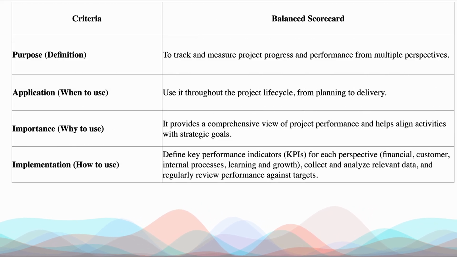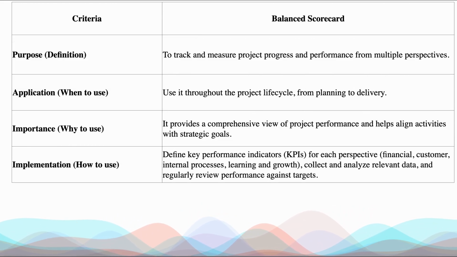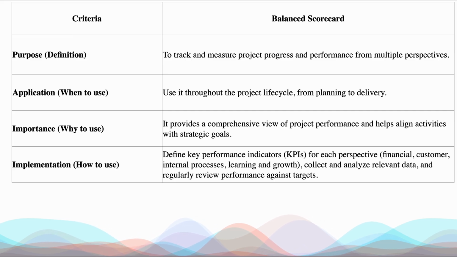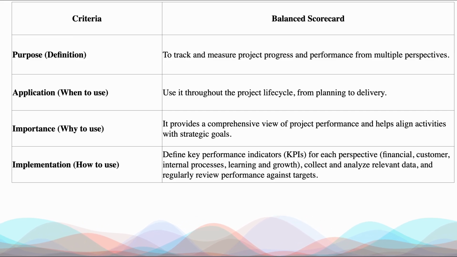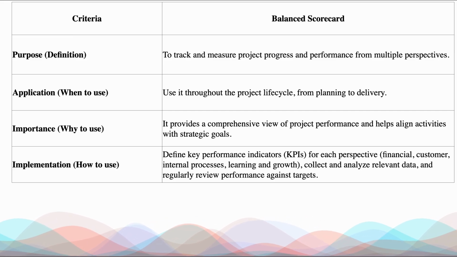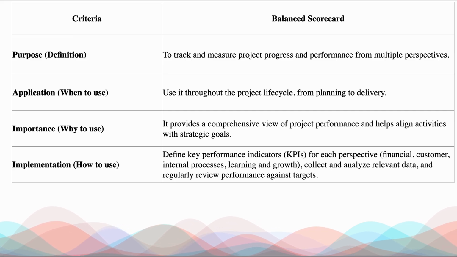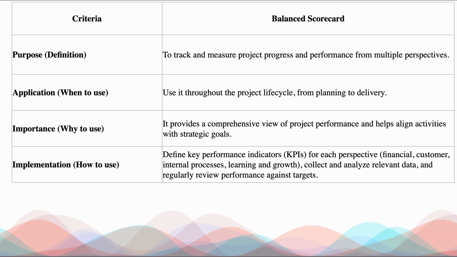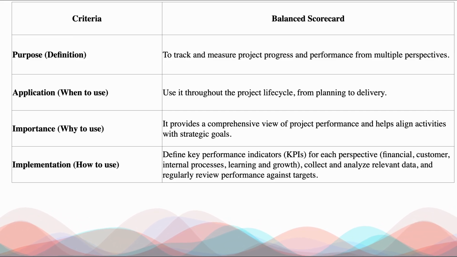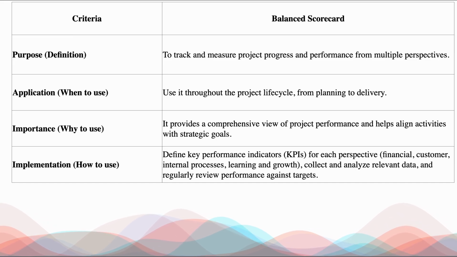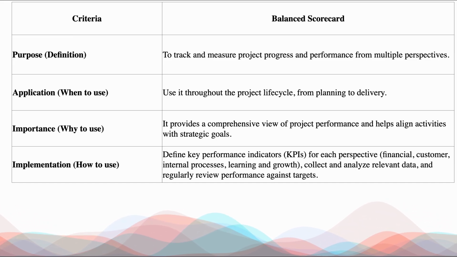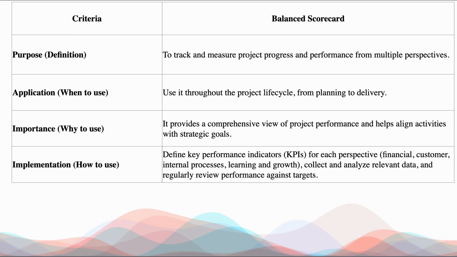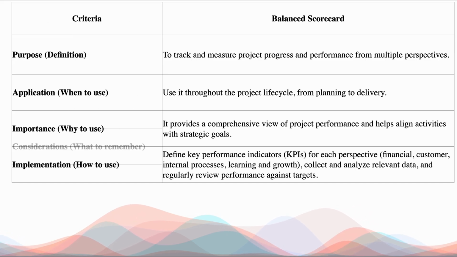How do we use that? KPIs, which is nothing but key performance indicators, are defined for each perspective, might be financial, customer, internal processes, learning and growth. We collect and analyze relevant data of each of those perspectives and review them regularly in order to test their performance against the target.